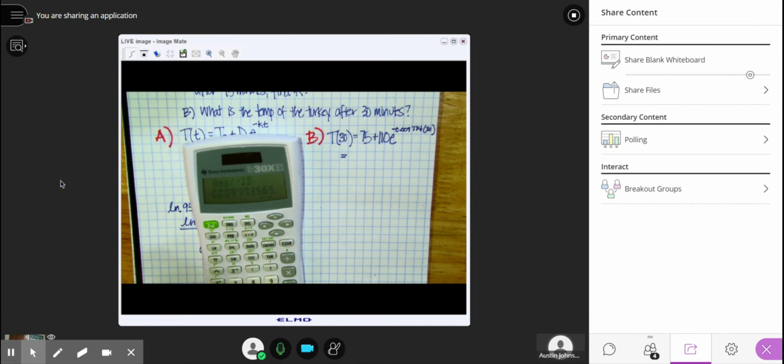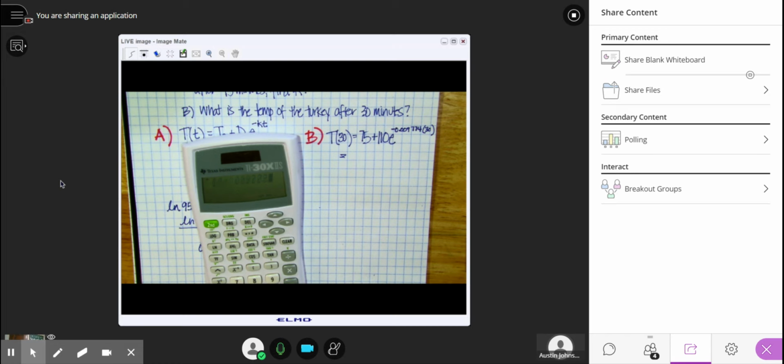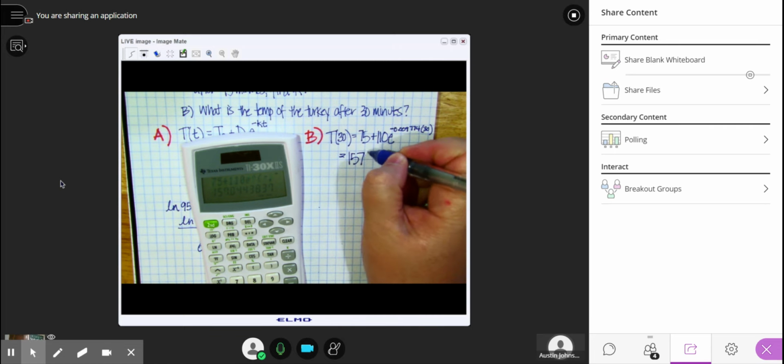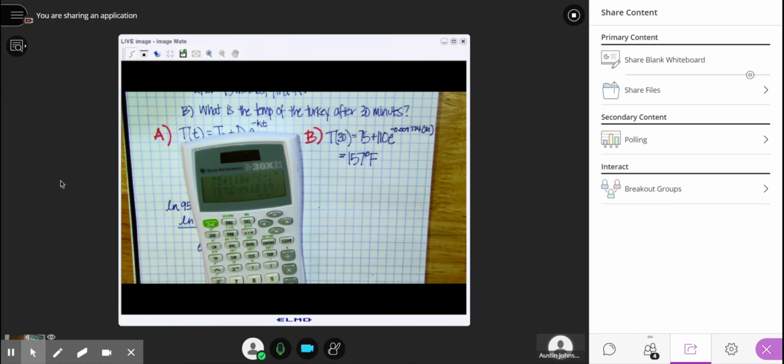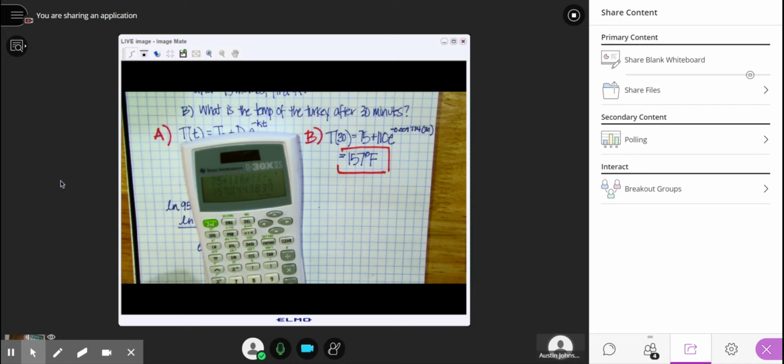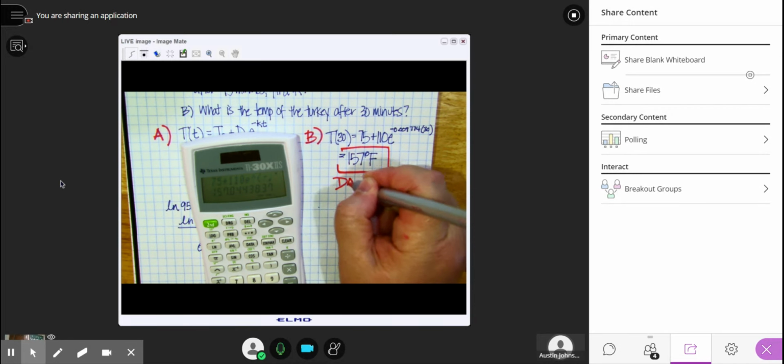So the second part is just putting in the number you got. And I'm getting 157.04. So after 30 minutes, we are in the danger zone.